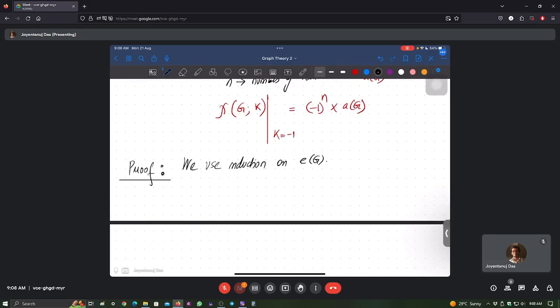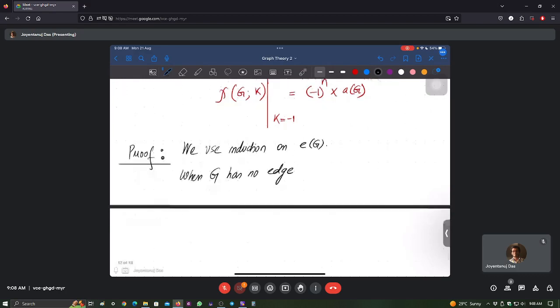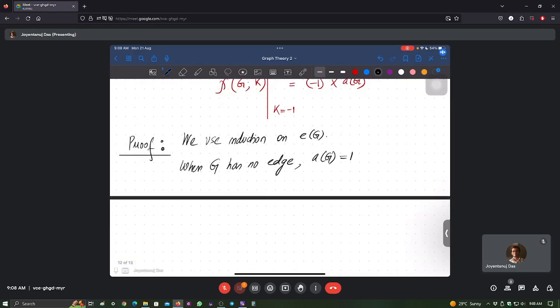That is fine. So when G has no edge, it means it is isolated vertices. Then the number of acyclic orientations is one, right? That is, it is vacuous. And the chromatic polynomial is nothing but minus 1 to the power n, right?